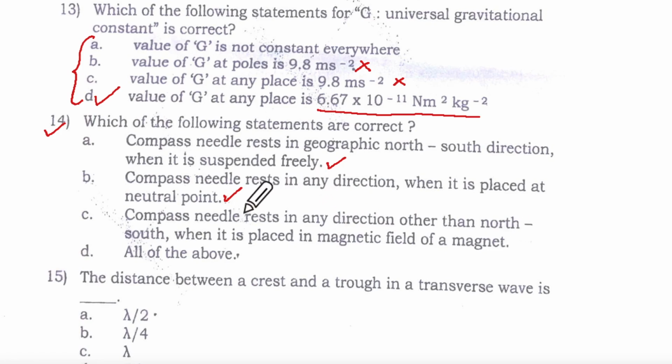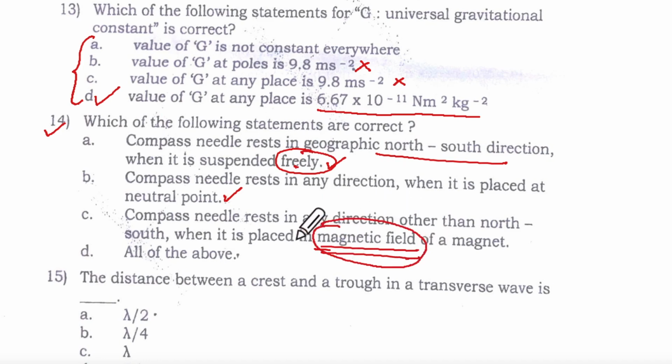When it is in a magnetic field, it will get influenced by the magnetic field. When it is freely suspended, then north-south. But when it is not suspended freely, meaning when it is in the magnetic field, it will be in any direction except this. Understanding? So this also is correct. So all the above are correct. So D option.